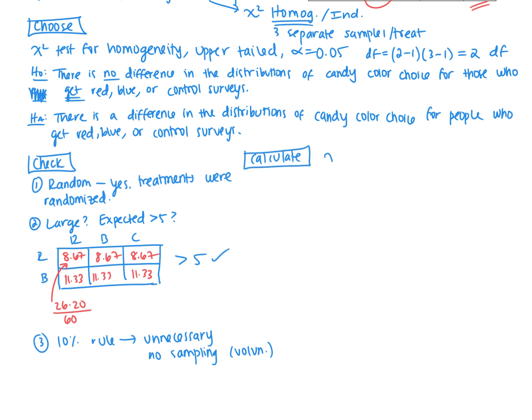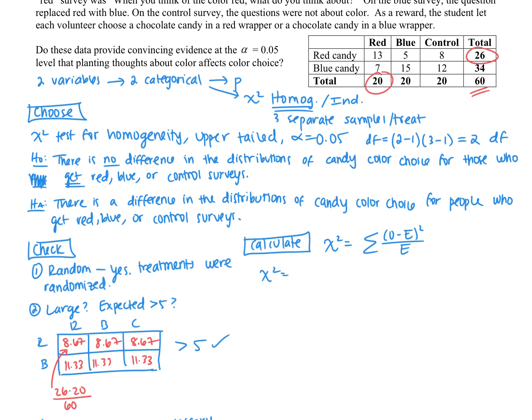So of course, I want the formula. We have observed, subtract expected, squared, divided by expected. Like we did before, we want the substitution. I want the first and the last. Here's my first one, 13 compared to 8.67, and my other one is 12 compared to 11.33.